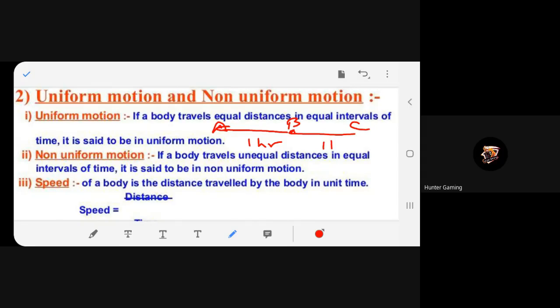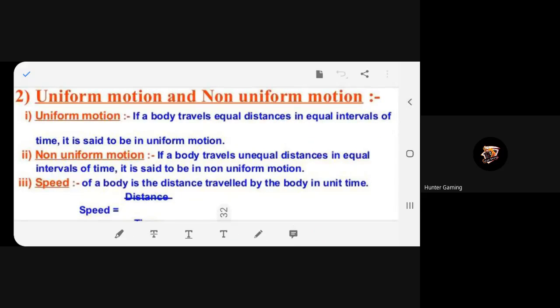This is also 1 hour. From A to B, the object takes 1 hour. Same distance. For example, let's say it is 2 meter, and here it is also 2 meter. So this 2 meter takes 1 hour. This 2 meter again takes 1 hour. So equal distance, equal time. This is called uniform motion. Understood? Yes.